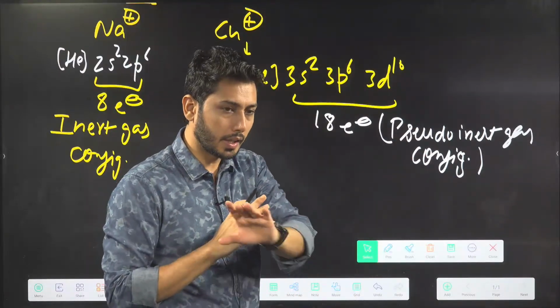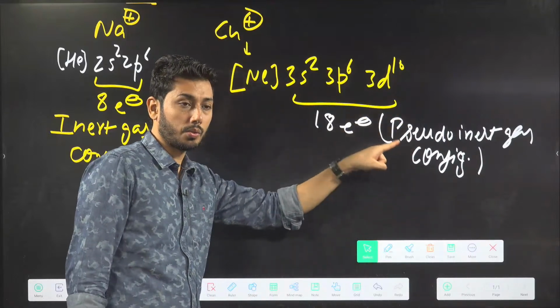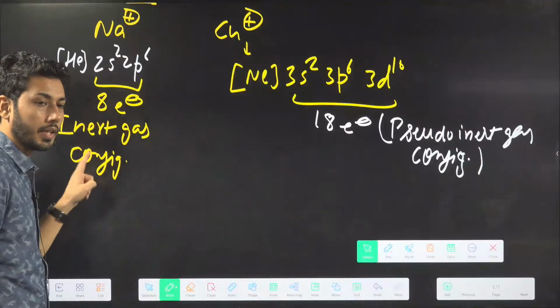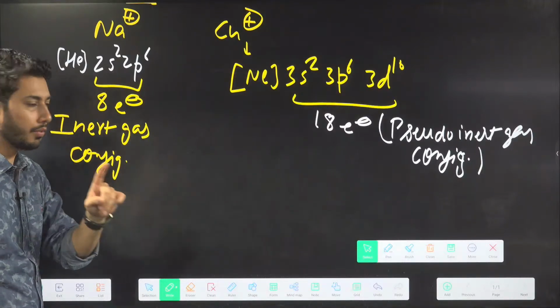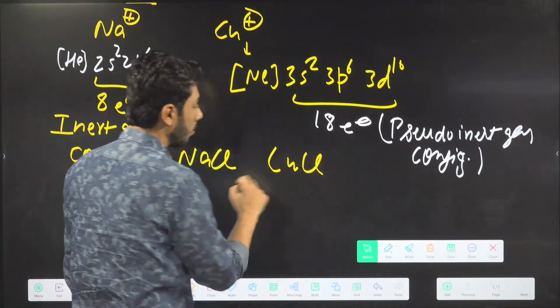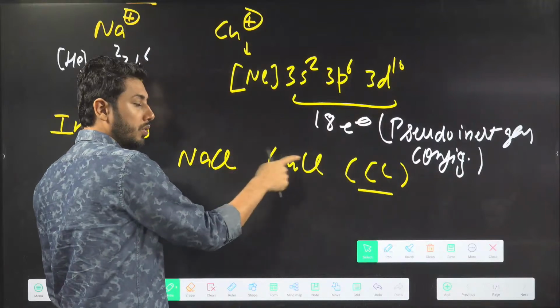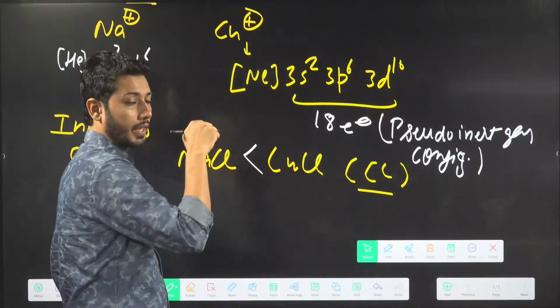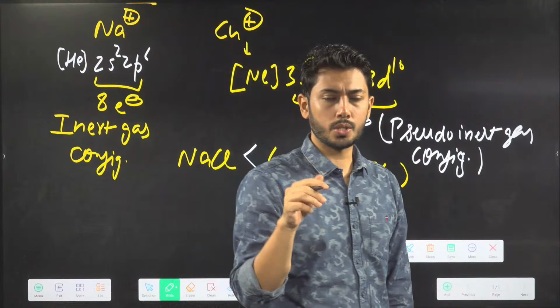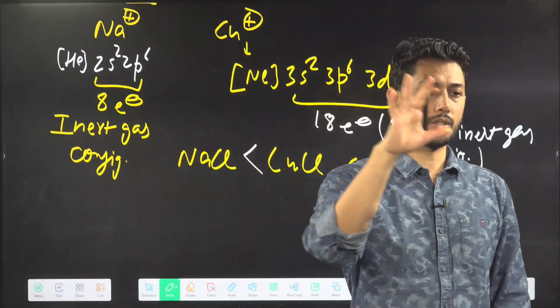Hence, finally, the key point you can use, polarizing power of pseudo inert gas configuration cation is more than inert gas cation. Therefore, NaCl and CuCl, out of these two, which has more covalent character? CuCl has more covalent character because it has which configuration? Pseudo inert gas configuration.